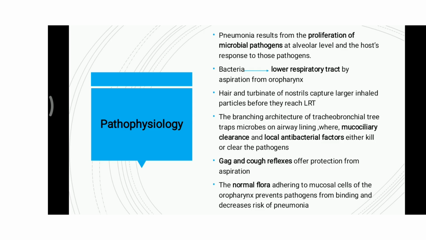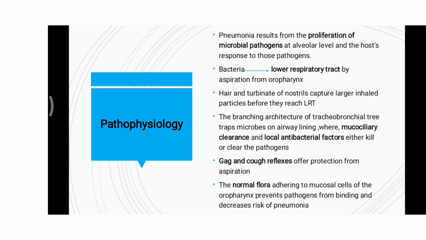When we inhale dust particles or any particles filled with pathogens, the body will gag, meaning we start to cough and protect ourselves from inspiration of those pathogens. So this is the third mechanism.